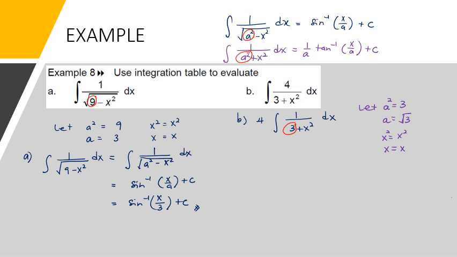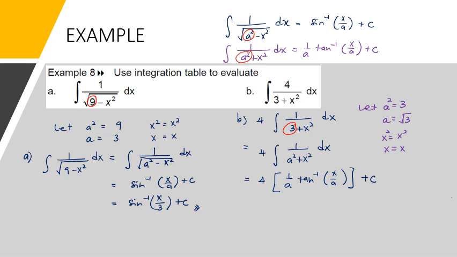So it is equal to 4 times the integral of 1 over a squared plus x squared dx, which becomes 4 times 1 over a tangent inverse of x over a, plus c.